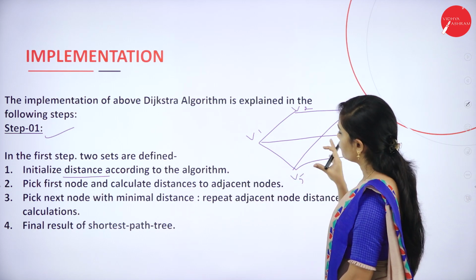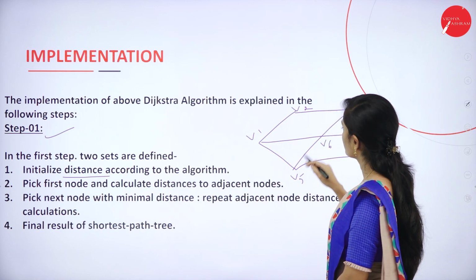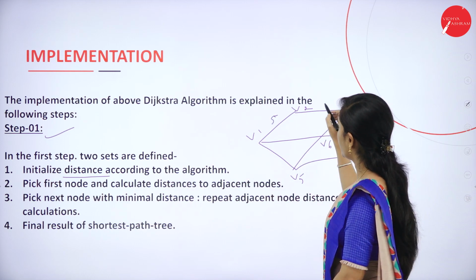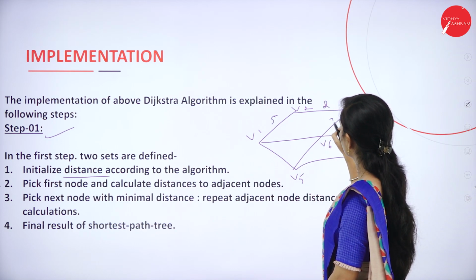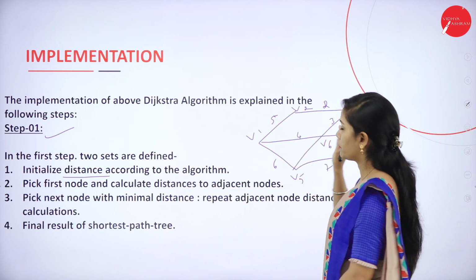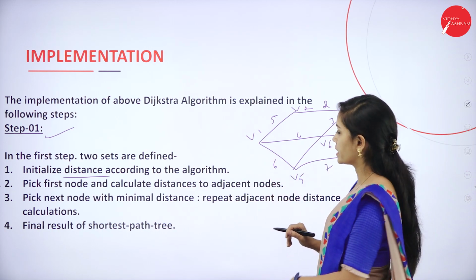Here we apply the condition of positive edge weights. Example, 5, 2, 3, 4, 6, 7, 8. We apply this only for positive edges and for directed as well as undirected graphs.